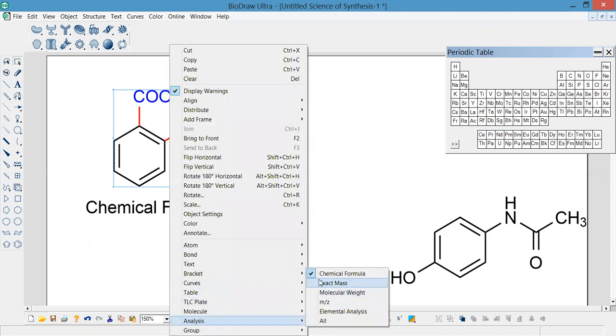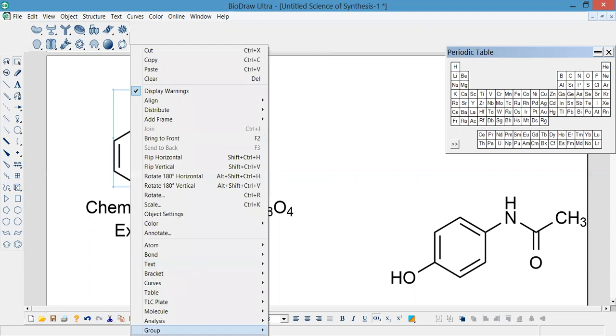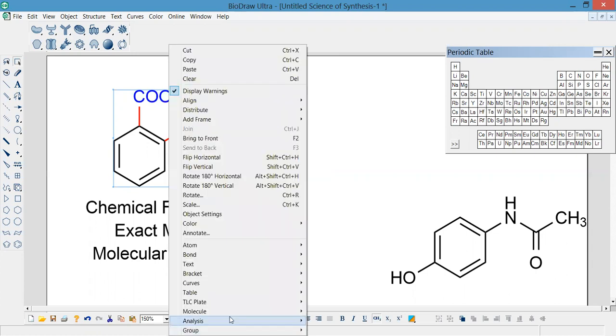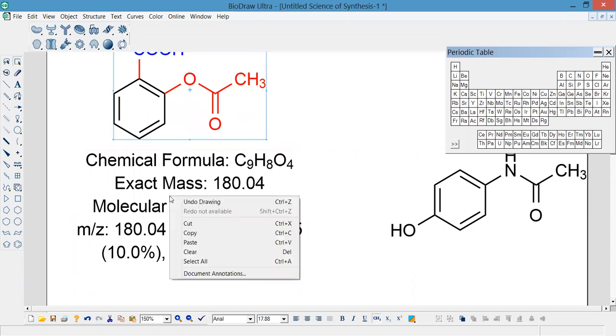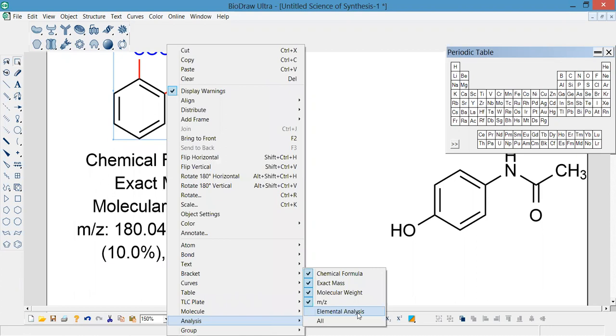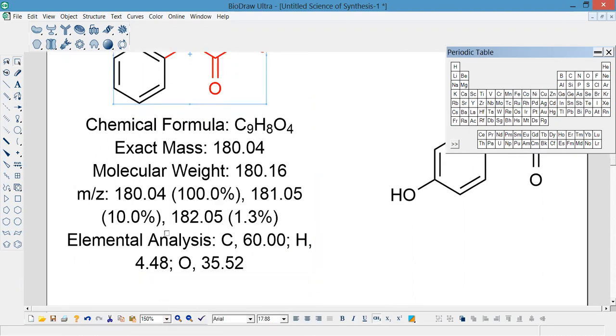You can also identify the exact molecular mass, the molecular weight, and the different mass to charge ratios that are represented in the mass spectrum. And elemental analysis, which means the contribution of every atom in that particular compound, for example 60% of carbon.